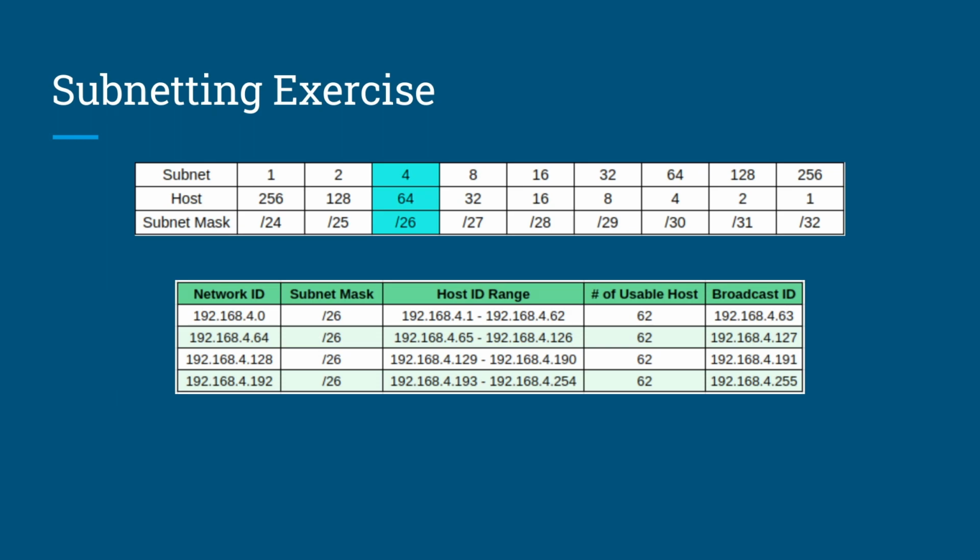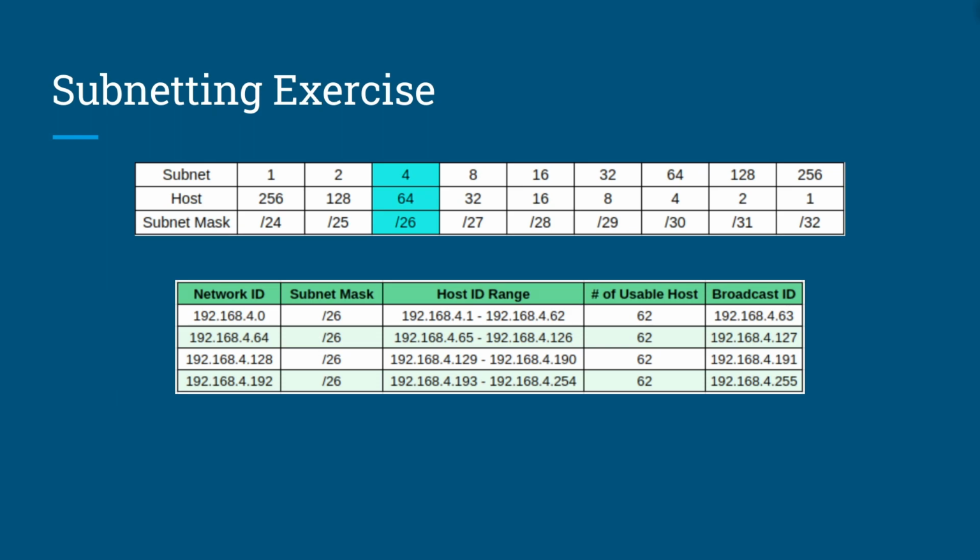The network ID is always the first number in the network, and the broadcast ID is always the last one. Knowing that, and also knowing that 0 is also a number, the broadcast ID is always going to be the network ID plus the number of usable hosts plus 1.